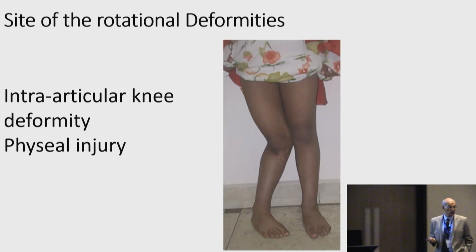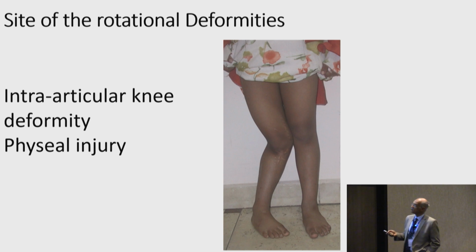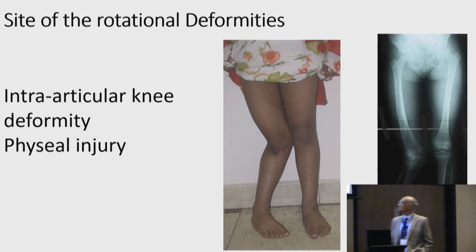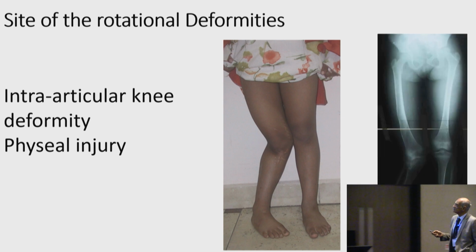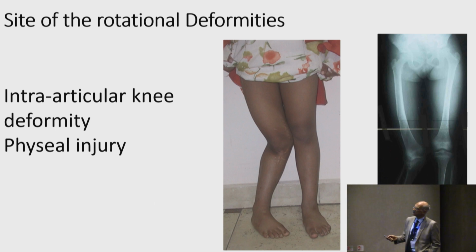Physeal injuries, traumatic cases. You see the knee here. See the internal rotation deformity. Look at the knee. Of course, we have valgus also. Look at the X-ray, long-standing X-ray. See the lower femur, the upper tibia, oblique joint.